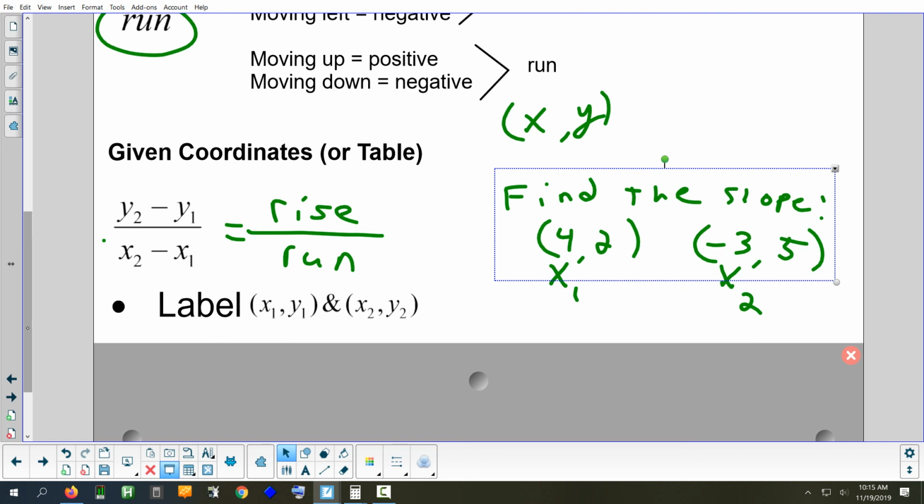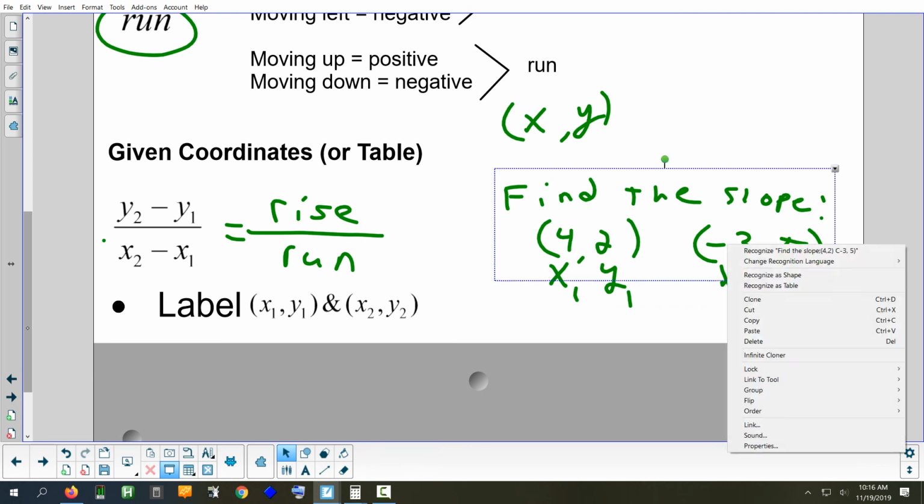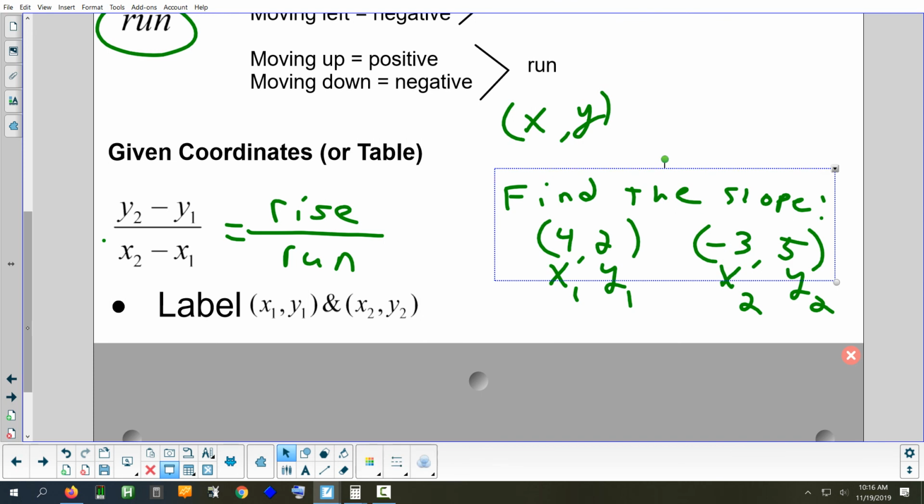That's always my Y. So this would be the first Y, because it's the first one I see in the problem. This would be the second Y. Once you've done that, that's the hard part. X1 is 4. Y1 is 2. My second X is -3. My second Y is 5.